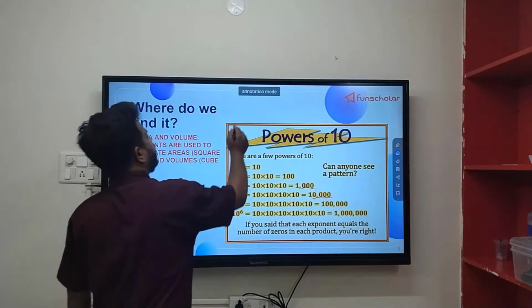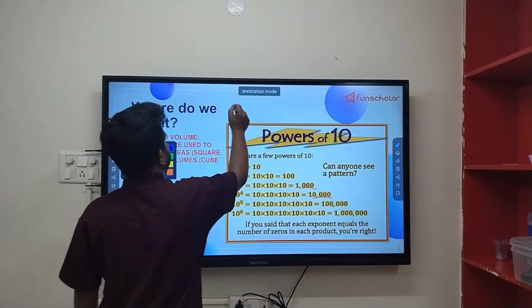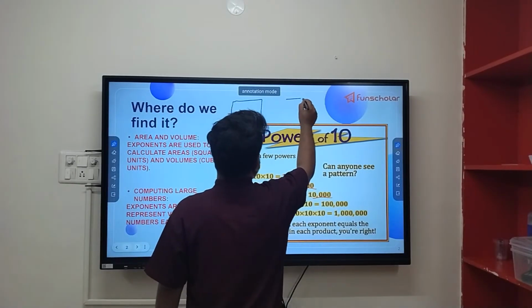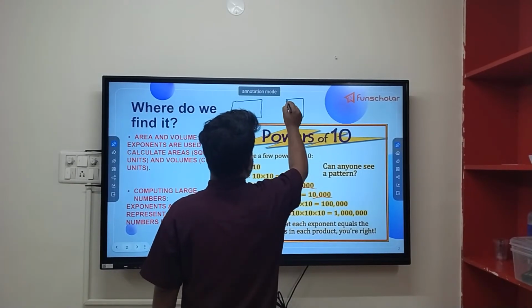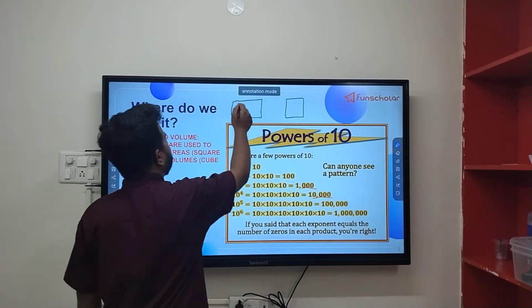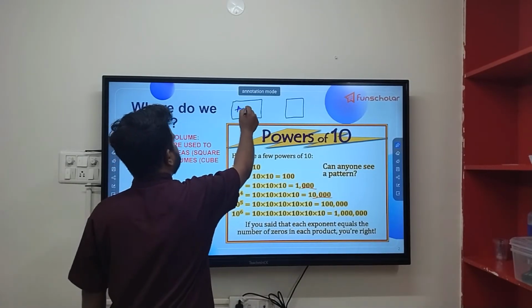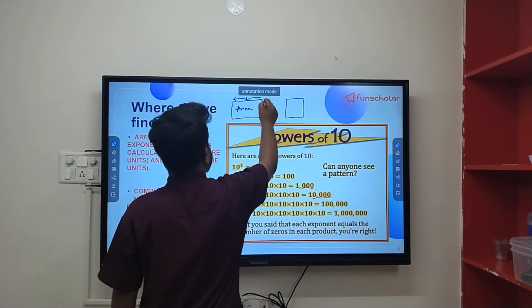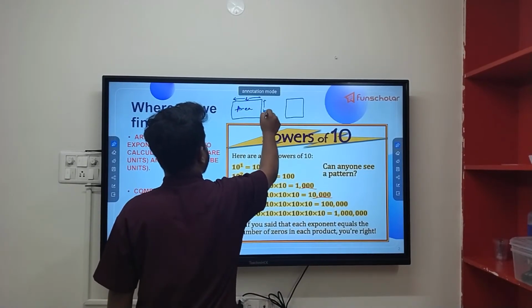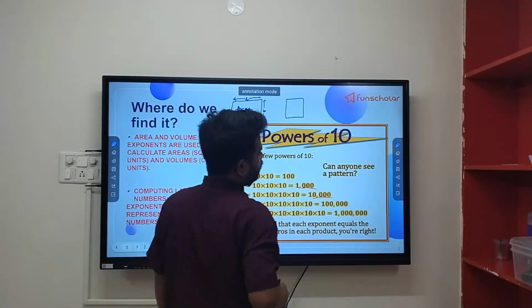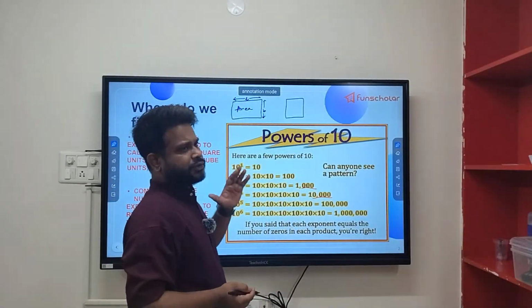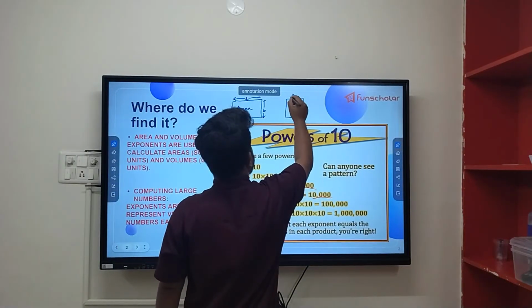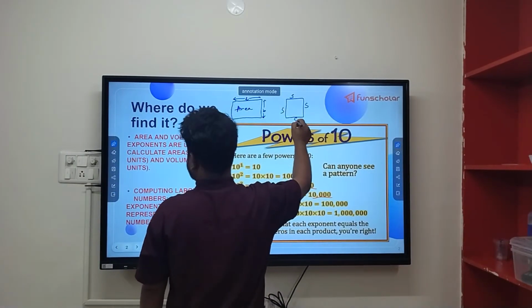If you have to measure the area of this square, it has 4 sides, and we know that the 4 sides of a square are equal.